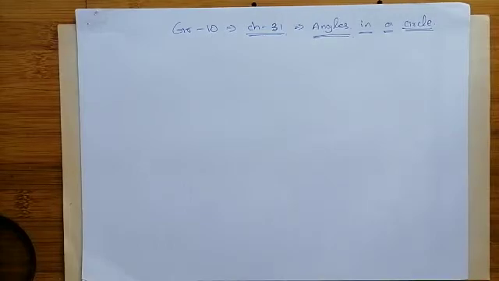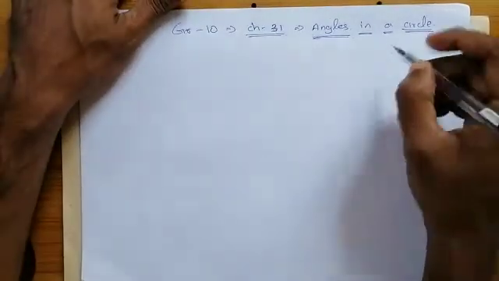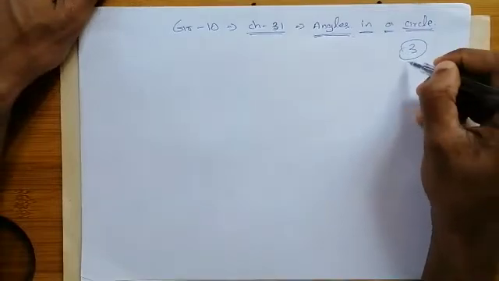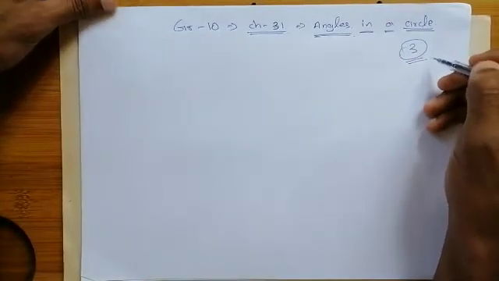So chapter 31, angles in circle. Angles related to a circle, or angles formed in a circle. We are going to study three geometrical theories. In grade 10 you have three geometrical theories.